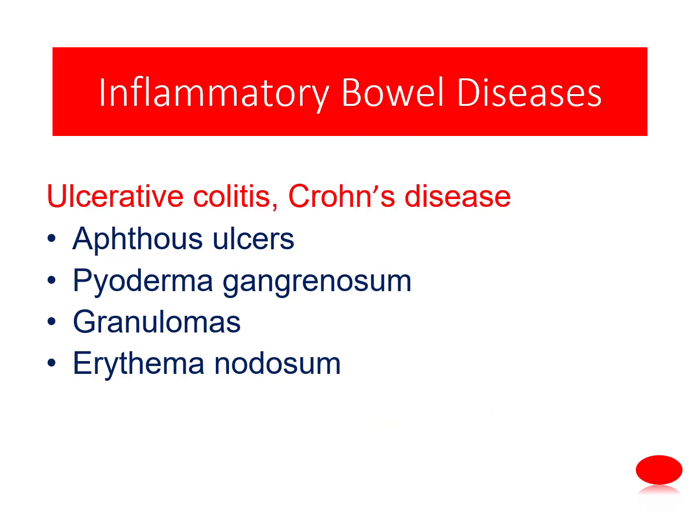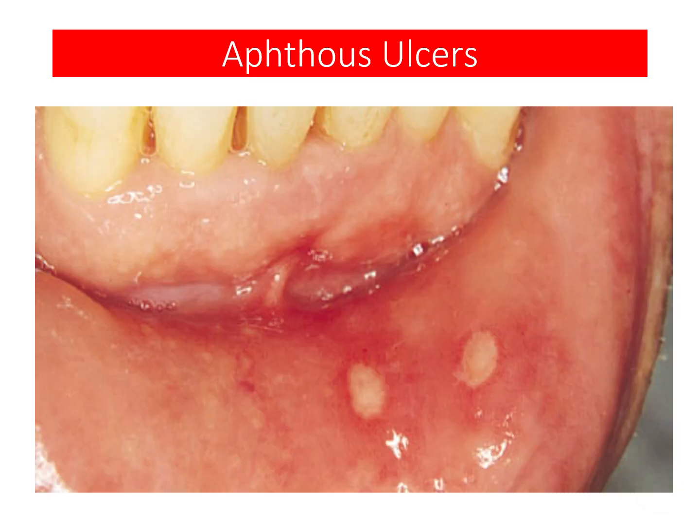Now we move to some skin changes that you see with inflammatory bowel diseases, namely ulcerative colitis and Crohn's disease. And these have a variety of skin manifestations, so we'll go over them. The first of these is aphthous ulcers. So aphthous ulcers, or canker sores, are extremely common. Most people who have aphthous ulcers do not have IBD.